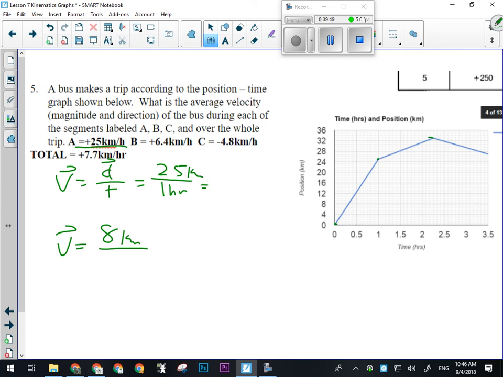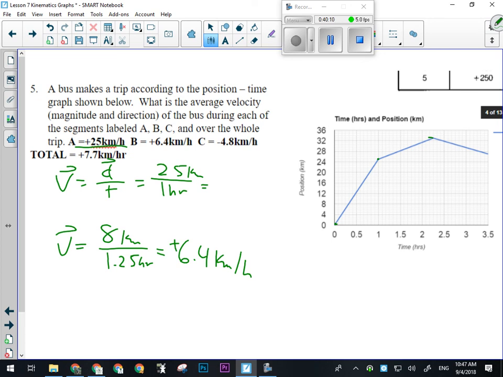So that's 1.25 hours. If we do that, we should get 6.4 kilometers per hour, and that would also be positive. Everybody all right with that? It's kind of tough to see the lines on that graph.